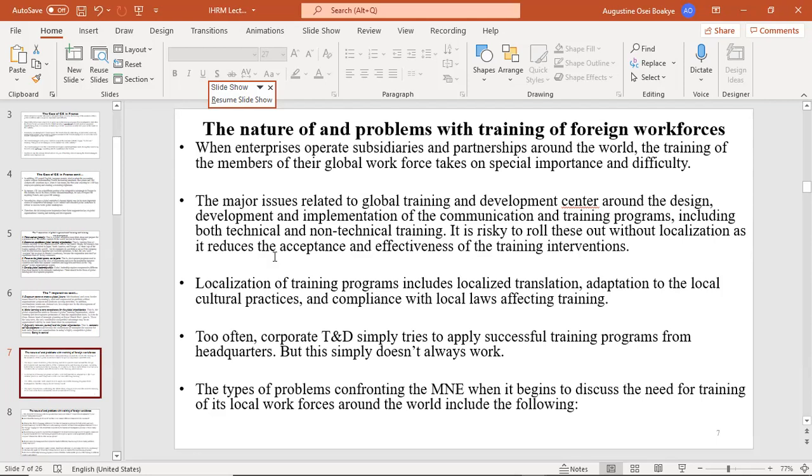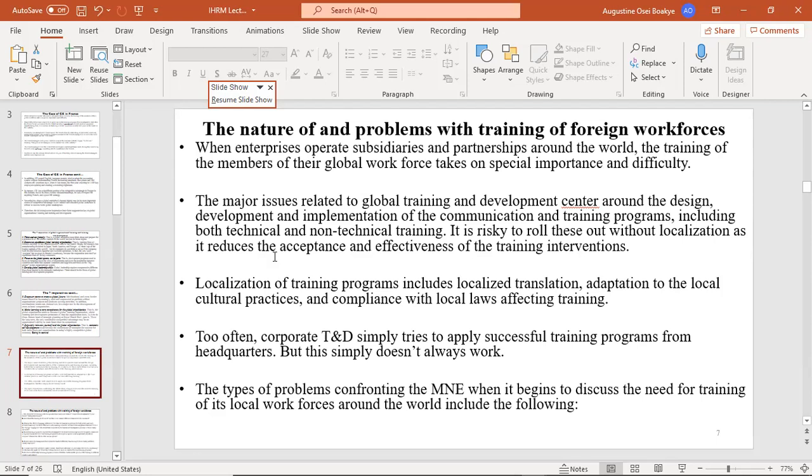There is also the need for the design and the way it will be disseminated to be modified so that the local cultural practices are adapted or incorporated into it. And it must also sit well with some of the laws that have been set for training in such localities.